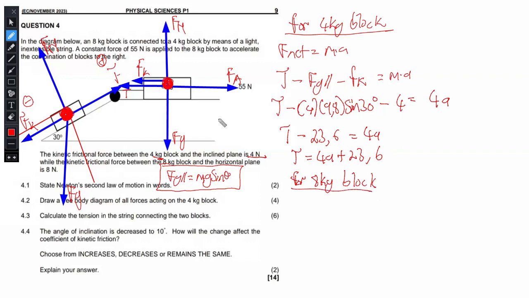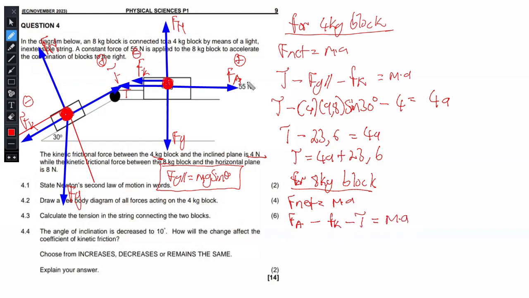Again, we only focus on the forces that are parallel to the plane, right? So we can see here, these are the forces: force applied, Fk, and tension. Again, this is the positive direction, and what we have here is the negative direction. So if we represent our F net, we have F net is equal to ma. This will be force applied minus the Fk minus the tension, equals ma.